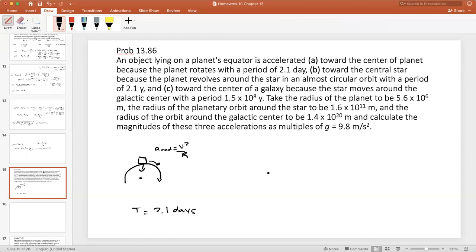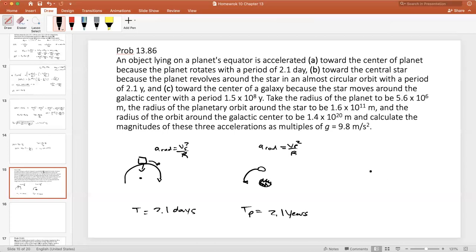And then, because the planet is rotating around some star, let's say the Earth is rotating around some star, it also has an ARAD of V squared, but for the planet this time, over R. Right? And the period of the planet around the star is 2.1 years.